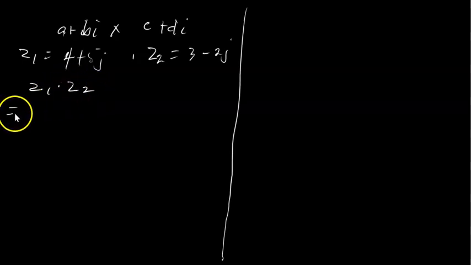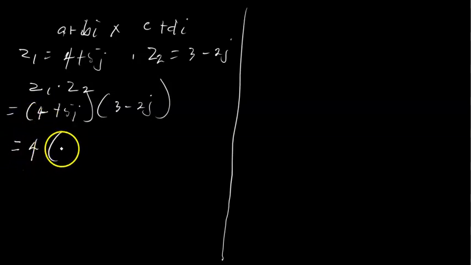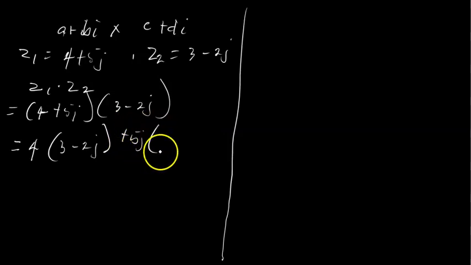I'll simply express this as 4 plus 5j, bracket close, into 3 minus 2j. To multiply these two complex numbers, the first thing we should be thinking of doing is to open this bracket, so this becomes 4 into 3 minus 2j, plus 5j, now I am using the distributive property, into 3 minus 2j.